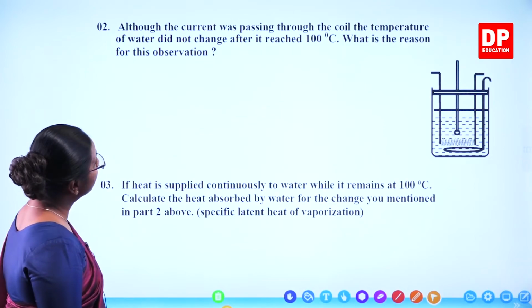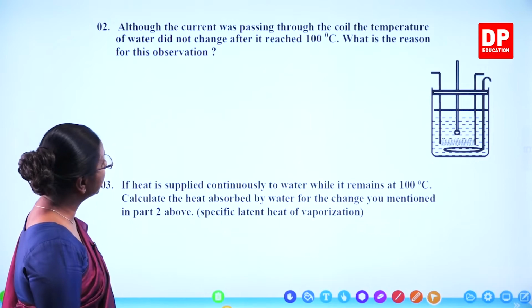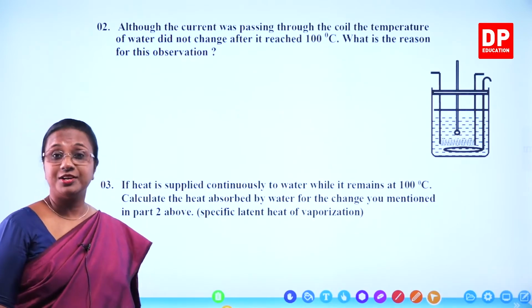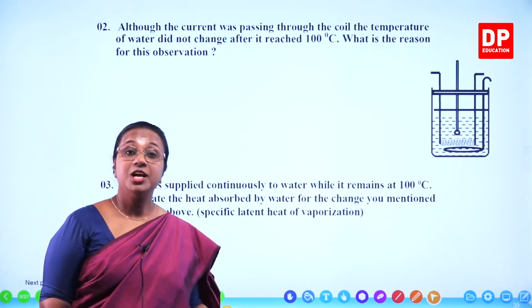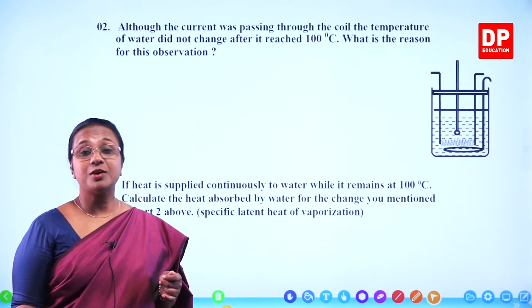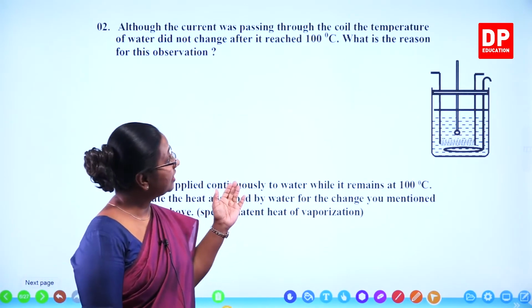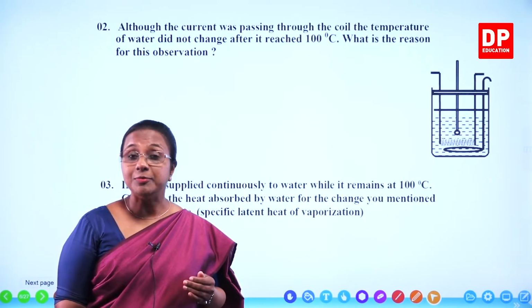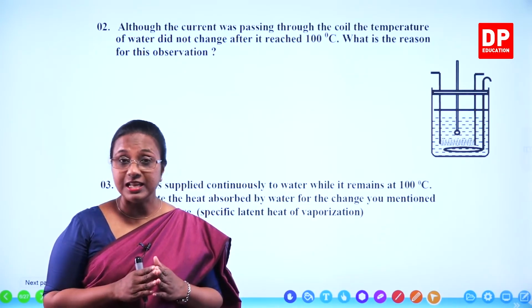Although the current was passing through the coil, the temperature of water did not change after it reached 100 degrees Celsius. What is the reason for this observation? I am sure you all know the reason. What is it, students? The temperature, 100 degrees Celsius, is the boiling point of water. So at the boiling point, you need to provide heat.